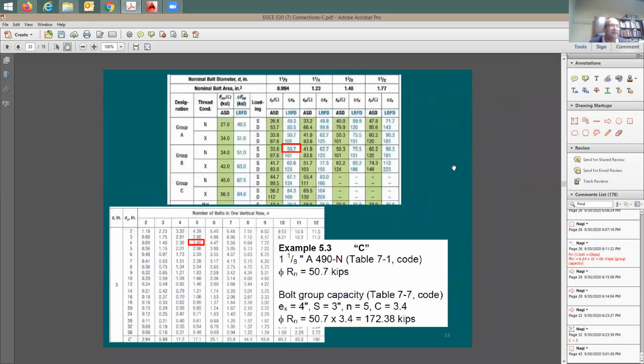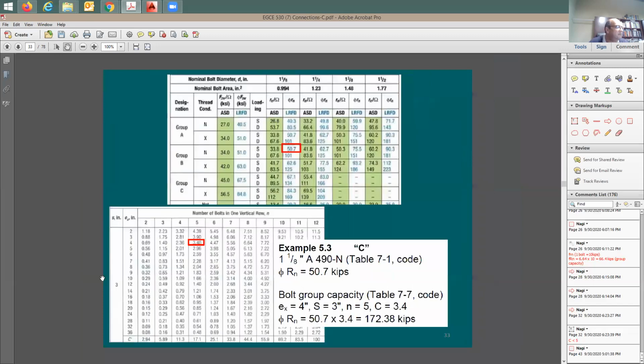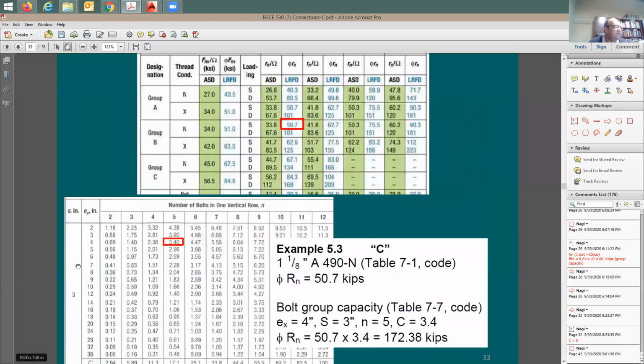I'm going to go here to my C table. I'm going to go back 1 slide just to confirm. I have 5 bolts. The spacing is 3 inches. Eccentricity is 4 inches. And instead of having 5 bolts, now I have 3.4 bolts.